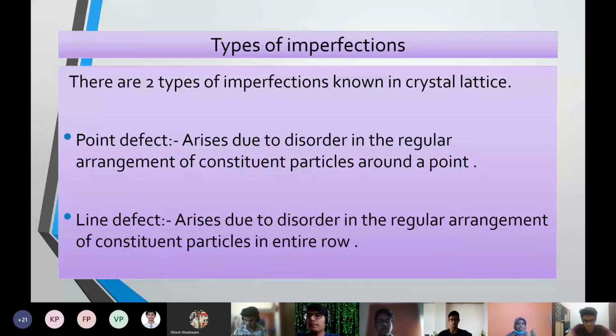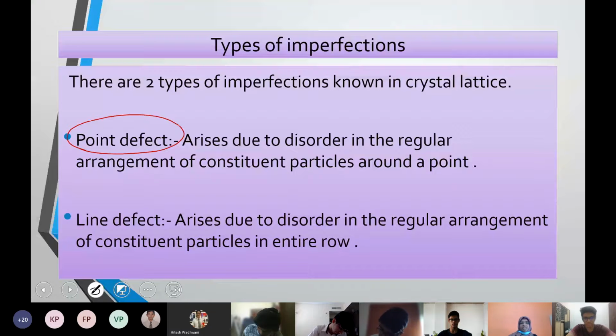Point defect means, as the word indicates, the defect or the imperfection is around one point. That means if you take the entire crystal, only in one point there is some dislocation or some imperfection in the arrangement. That is what is meant by point defect. That is the first type of imperfection in solid.